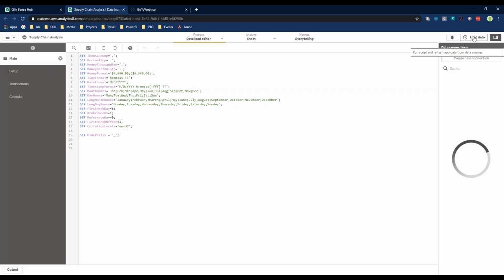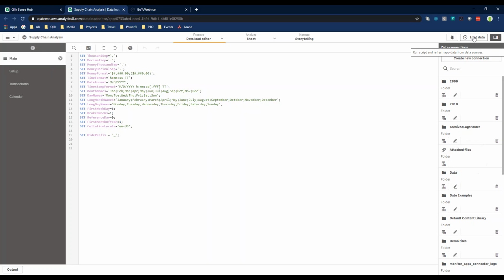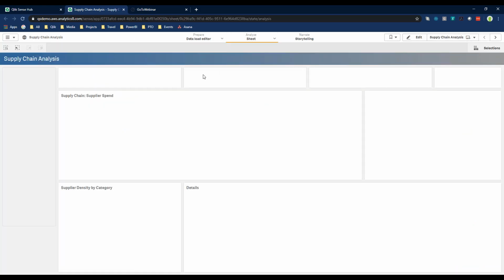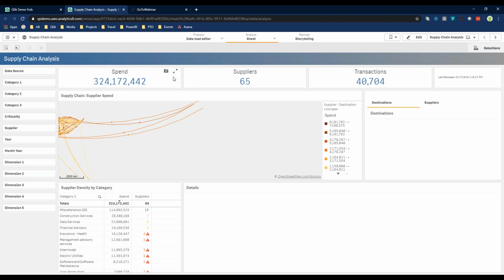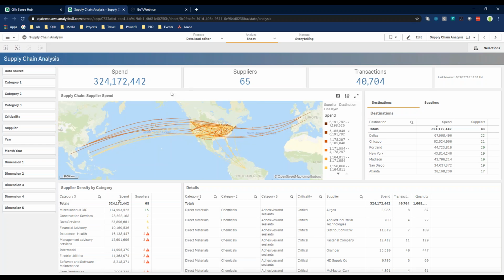It knows, since you put it on the C drive in that specific folder, where to go. It knows the different fields to pull in. It knows how to organize everything. Once you click to load that data, you are going to have your data loaded within this system. It is as simple as that.